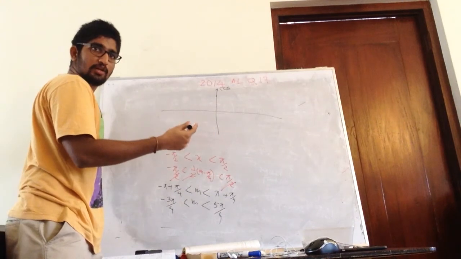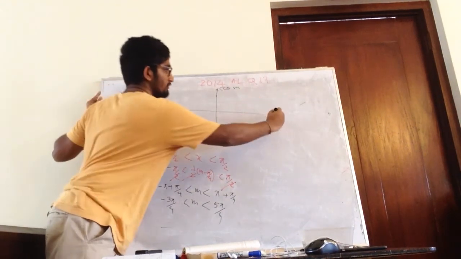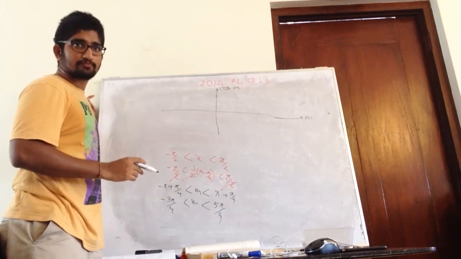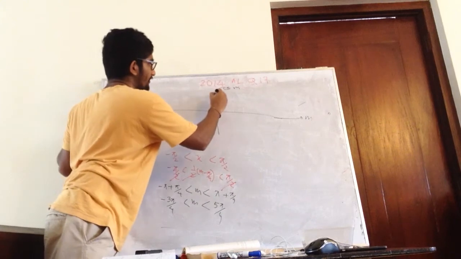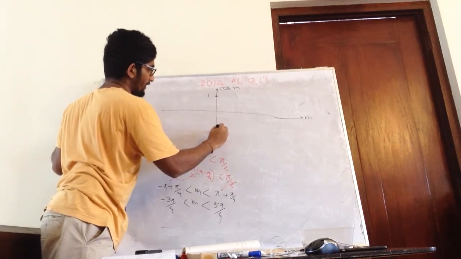So I'm going to put this as cos m. So it's just the variable. Right, so now basically this is between 1 and minus 1.